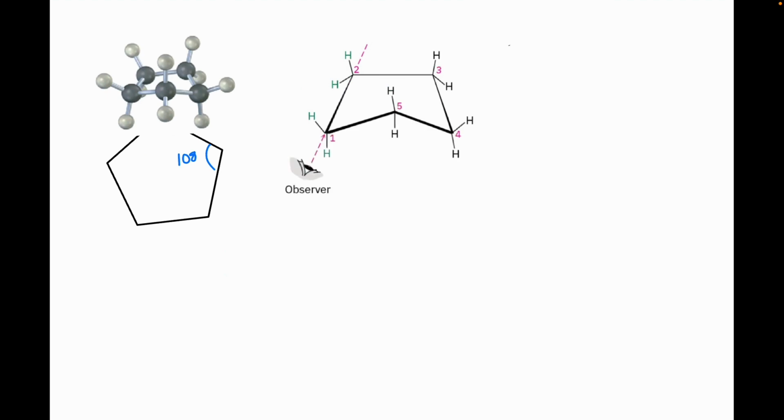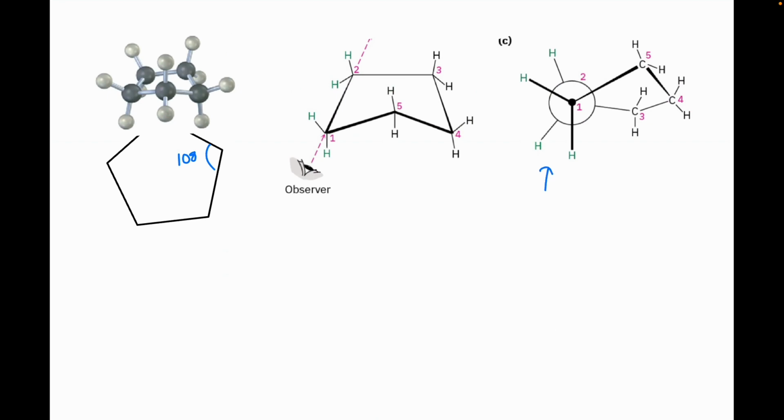If we look at a Newman projection of what that would look like, we can see that we are pretty close to staggered. Not 100% of the way there, right?